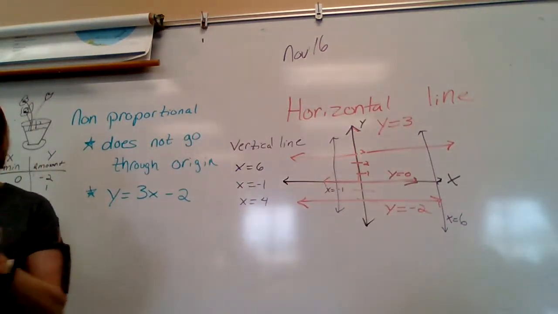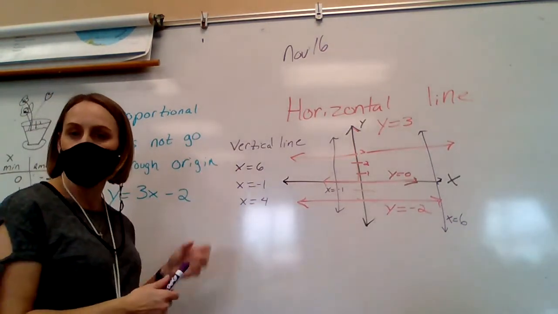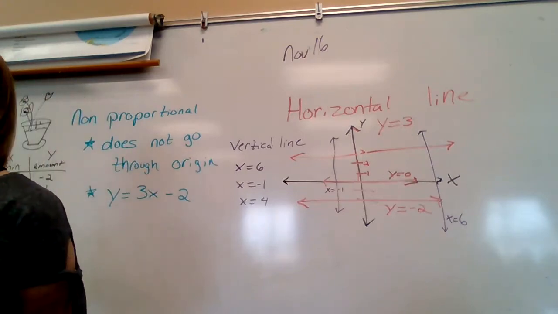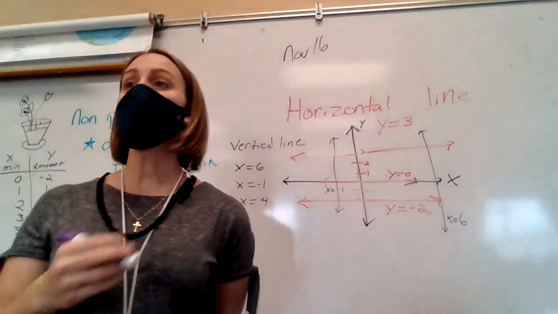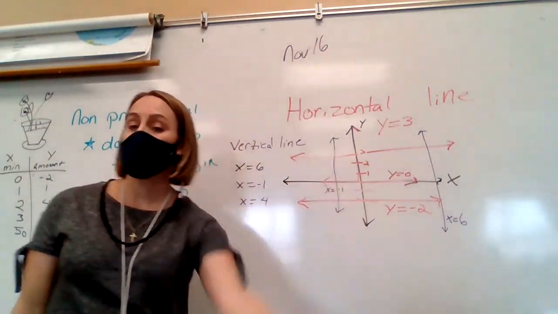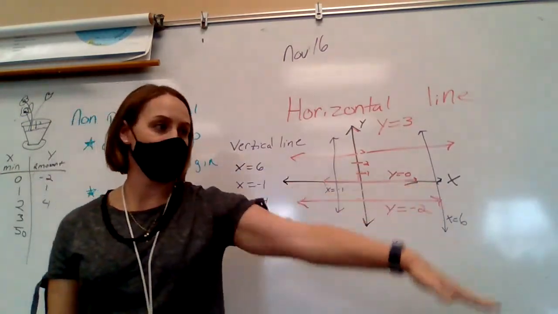Vertical lines are all x equals some number. So if there is only one variable, that means it just stays the same, either up and down or side to side.